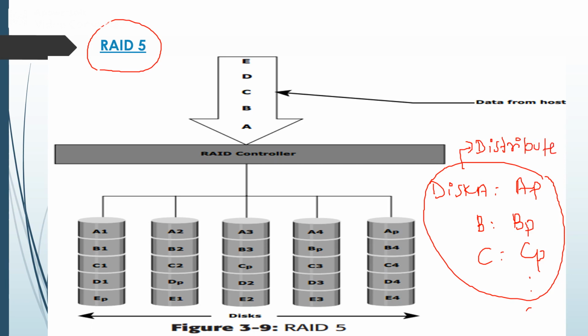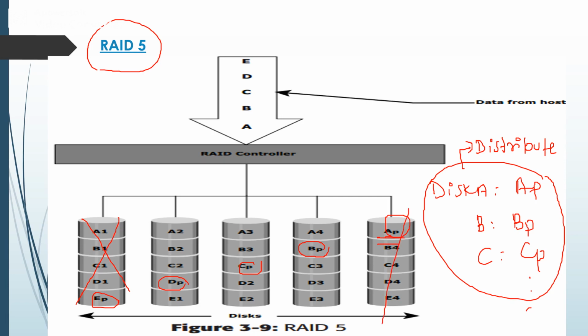The parity of A is stored in this disk. Similarly, the parity of B is stored in the fourth disk. Parity of disk C is stored here, as well as DP and EP. Suppose disk A is failed to provide the service, I can recover the data by considering the parity AP.